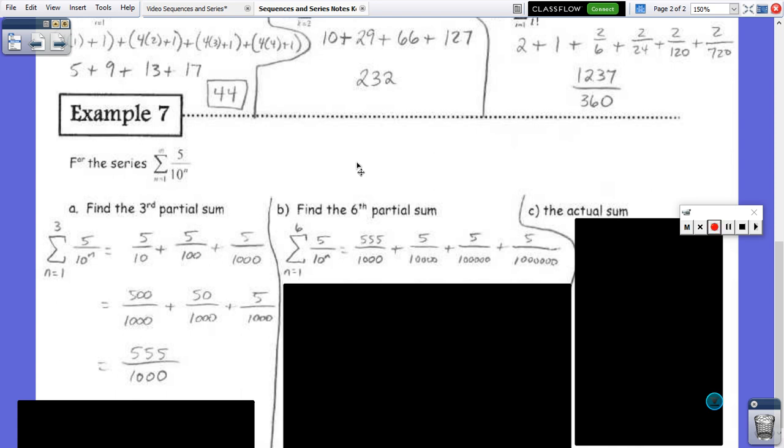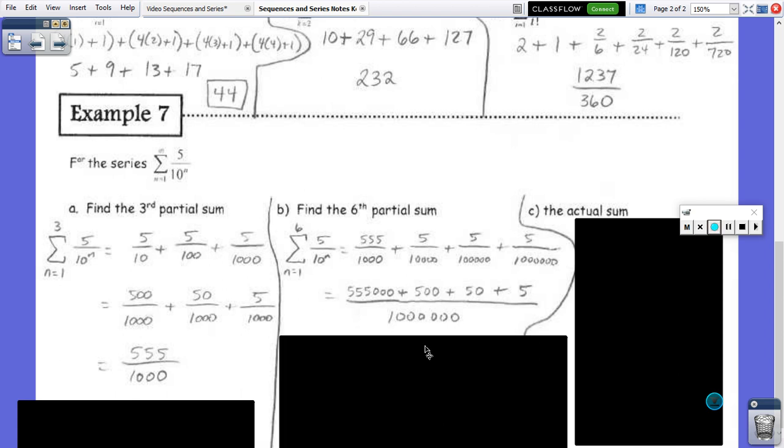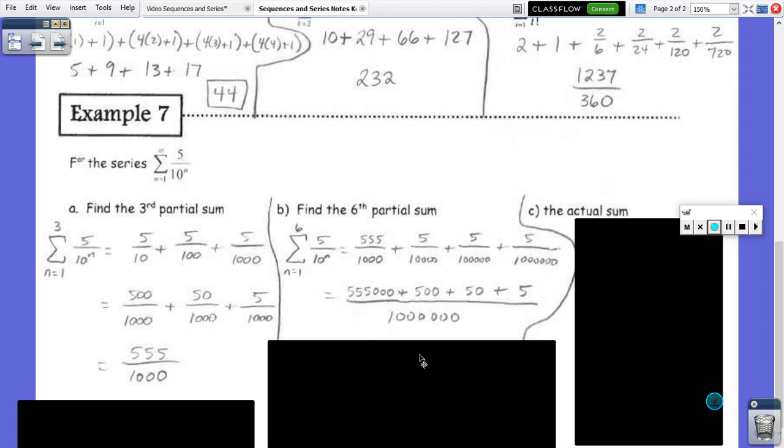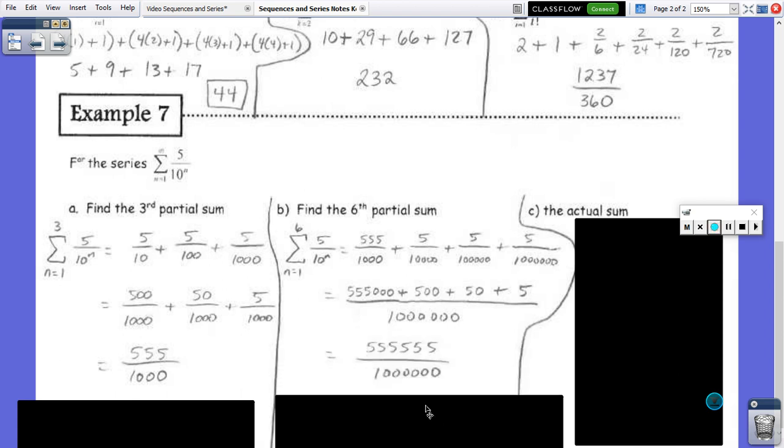So our first 3 terms add together. And then we have this particular one, which is when we plug in 4 for n, and then 5, and then 6. So there's our 6th partial sum. Did the exact same process as before, found a common denominator, summed all those numbers together, and there's the fraction that we obtained. Now, I didn't simplify these, and I did that on purpose because I wanted you to be able to see some things.